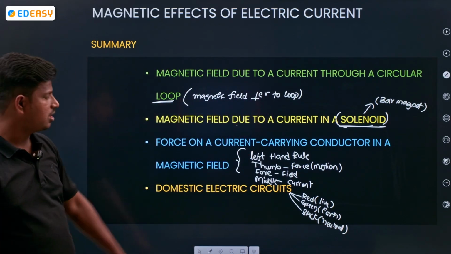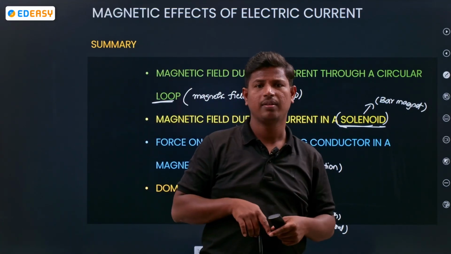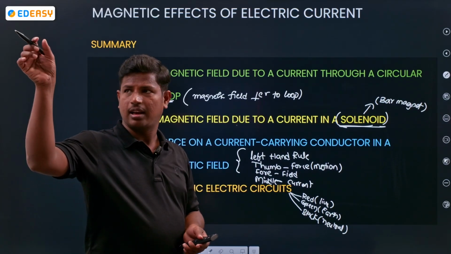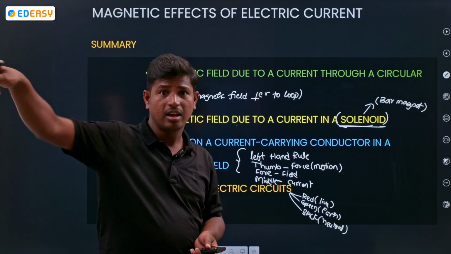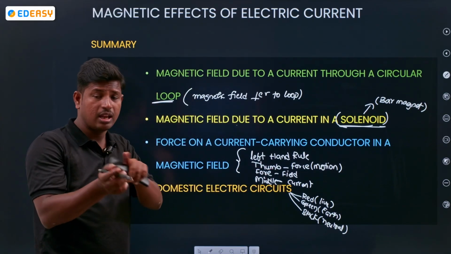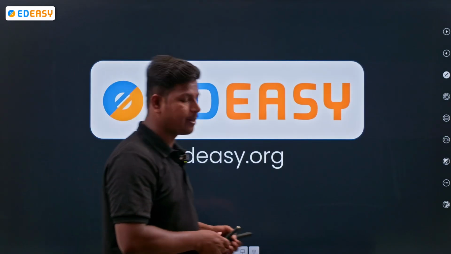Earth is for protection, and the black wire is neutral, sending current back to the pole again. Electricity comes through the red wire and goes back through the neutral wire. Two wires: one coming, one going. In between these two, the earth wire is there, for protection. Thank you.